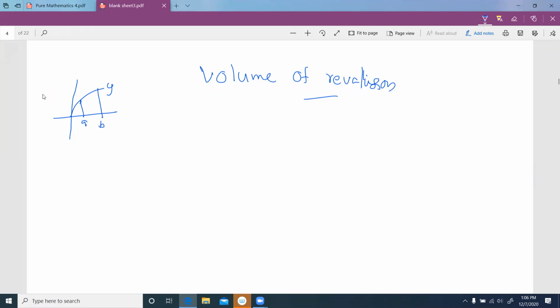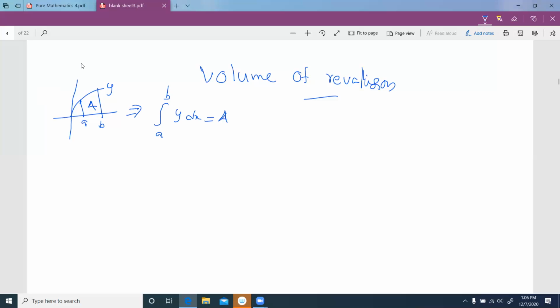If you integrate the curve y from a to b, what do you get? You get the area over here. That is the basic formula we need to use.